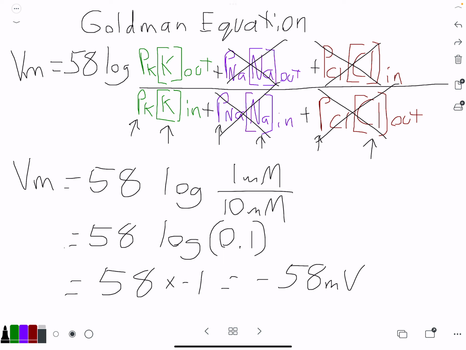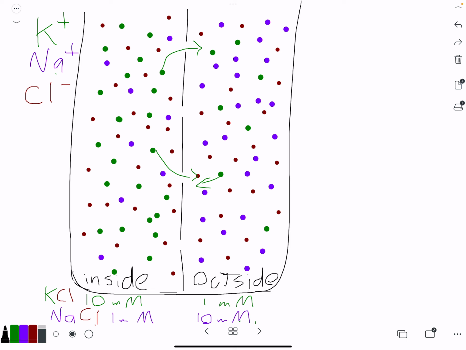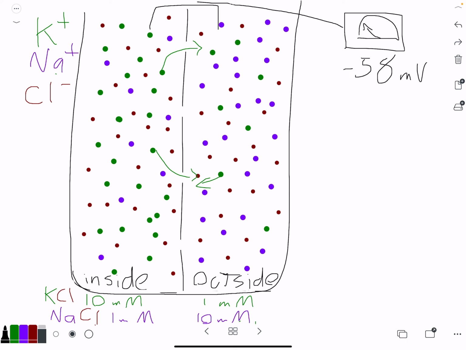So if we were to measure this with a little electrode on either side, hooked up to a little machine that could tell us the difference in the electrical charge from the inside to the outside, it would show up as -58 millivolts.